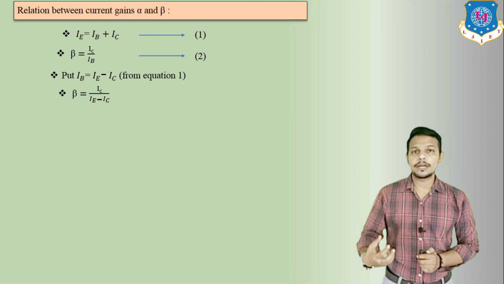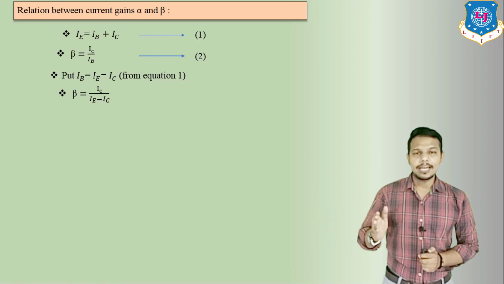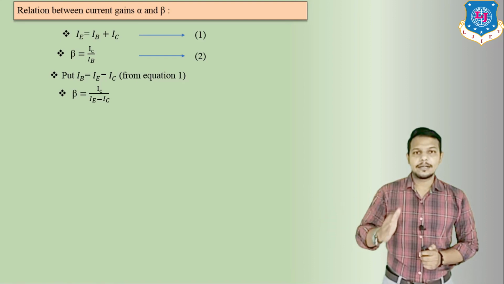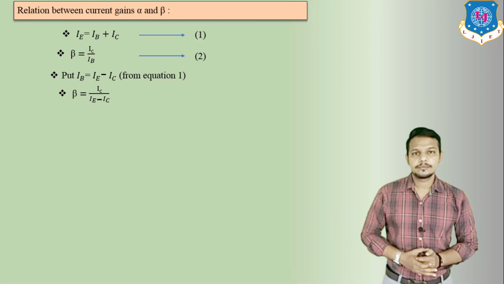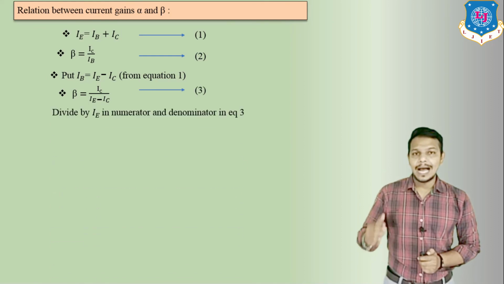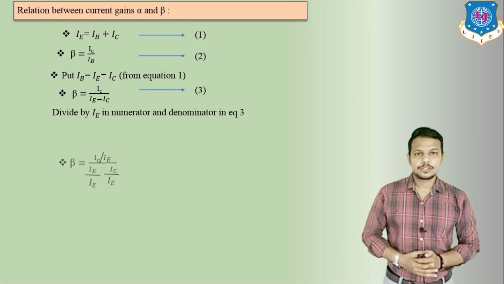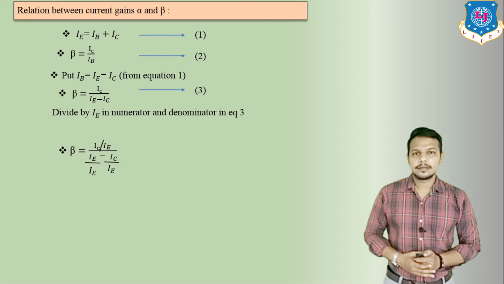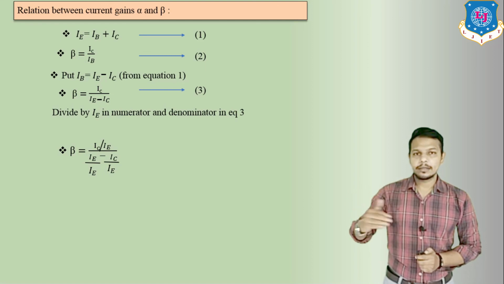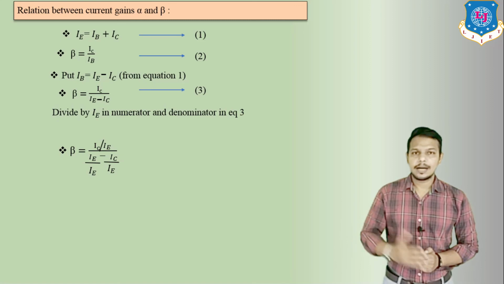Now we have to prove the alpha and beta relationship. Beta is already the subject, but we have to get alpha on the left-hand side. So we divide by IE in the numerator and denominator of equation number 3. So beta is equal to IC upon IE, divided by IE upon IE minus IC upon IE.